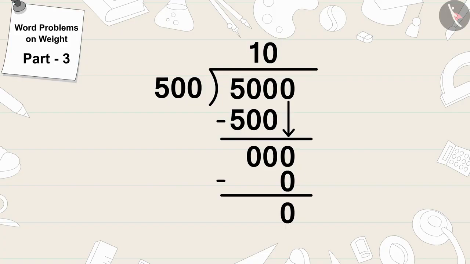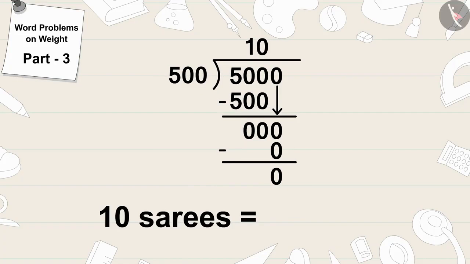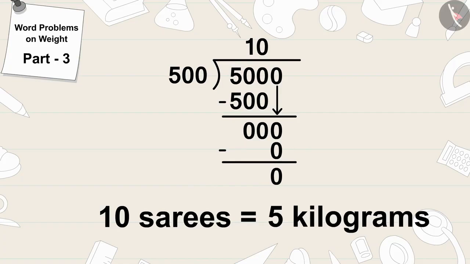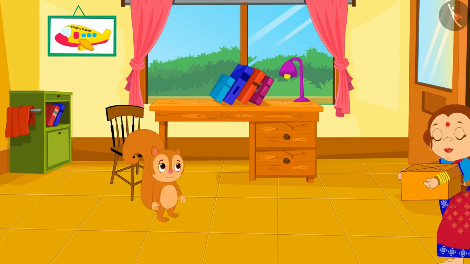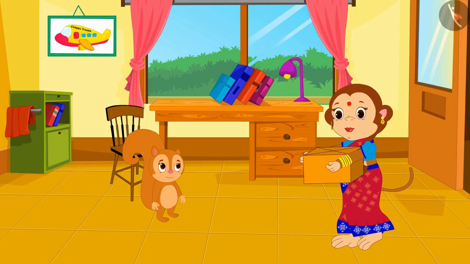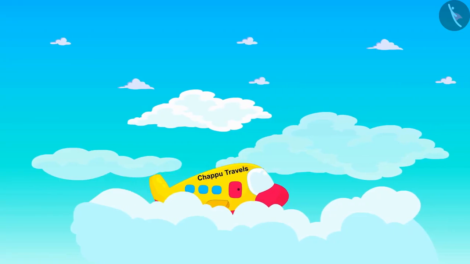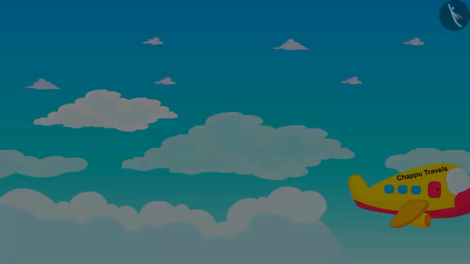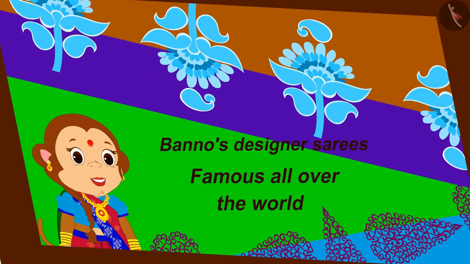In this way, Banno will be able to send 10 saris in a 5 kilograms parcel. Banno put 10 saris in a box and sent them overseas through Chappu Travels. Banno's saris became very famous even abroad.